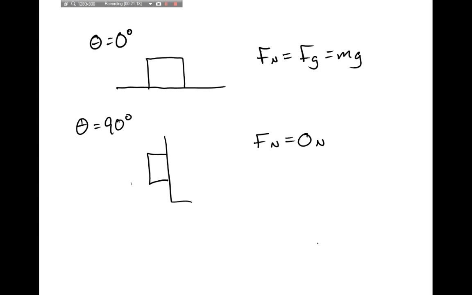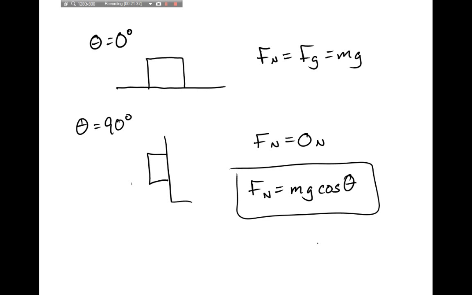So just from this alone, you can see that the probable formula is going to be mg cosine of theta. Because cosine of 0 degrees is 1, so we've got mg times 1 when theta is 0, and cosine of 90 degrees is 0, so at 90 degrees, this would give me 0.